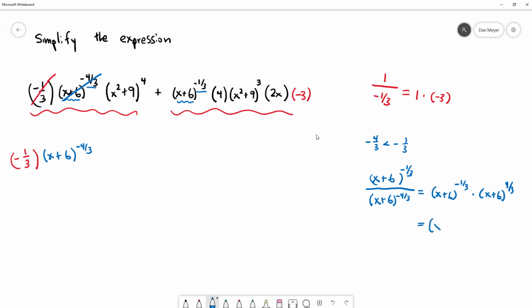More properties of exponents would say that this is x plus 6 to the negative 1/3 plus 4/3. And negative 1/3 plus 4/3 is just 1. Okay, so when I factor out x plus 6 to the negative 4/3 from this version, I'm left with an exponent of 1. So there's going to be an x plus 6 to the 1 left over there.